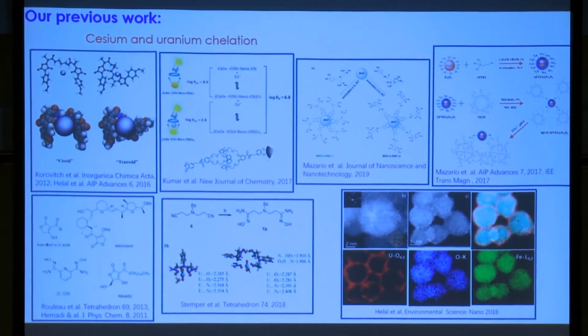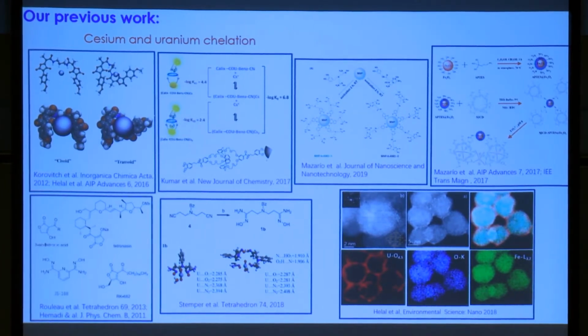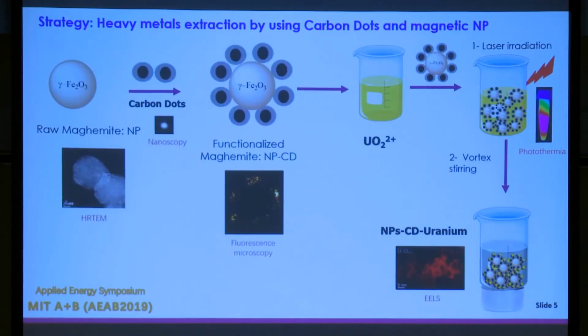So now the idea is to develop a new approach, combining the magnetic property of inorganic materials, such as magnetite, with carbon dots. Why are we interested in carbon dots? Because in the lab we use carbon dots as a catalyst, but carbon dots as a porous material are also interesting, for example, for metal extraction.